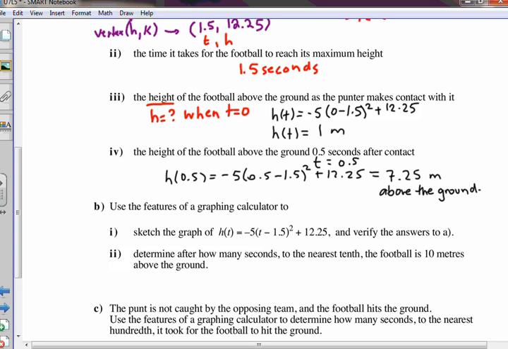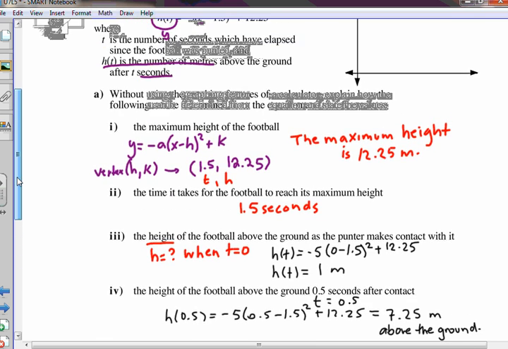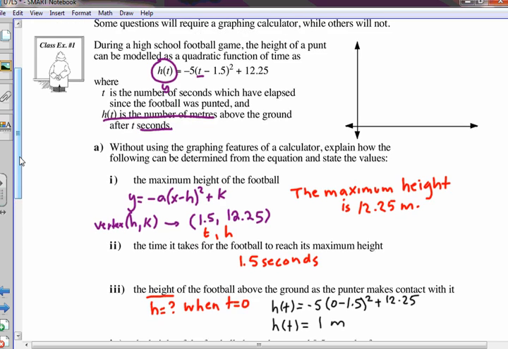Okay, so we're going to sketch the graph that we have. We're going to use these features that we just found out. So up above, you have a graph. We're going to use our calculator right away, but we can also plot the points we know, right? We know where are you when you leave the ground? How high is the ball at 0 seconds? We solved. It was 1.